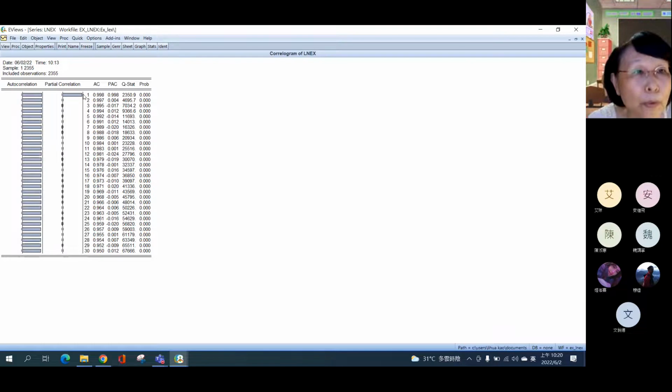So they do have some autocorrelation up to certain lags, but none after that. Okay? Okay. All right.